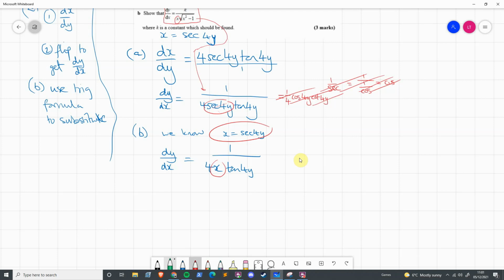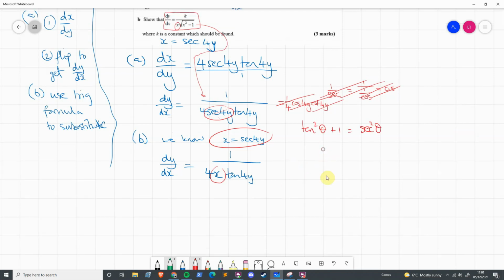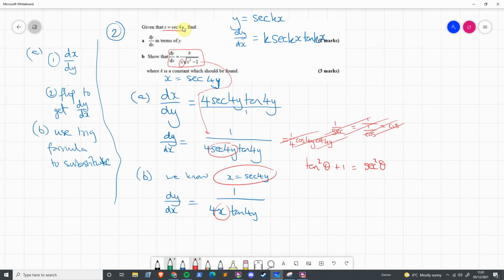But we should know our trig identities. And hopefully we know that tan squared theta plus 1 is sec squared theta. We want something that has sec in there because we've been given a value for sec. So although you could say, well, tan is like sine over cos, there's no help to us because we haven't been given an x value for sine or cos.